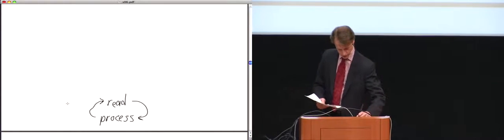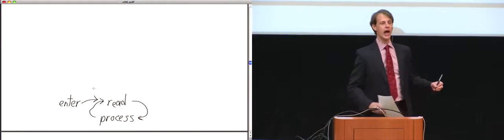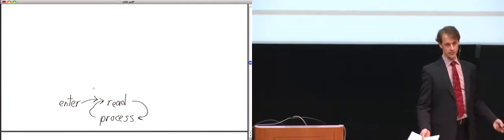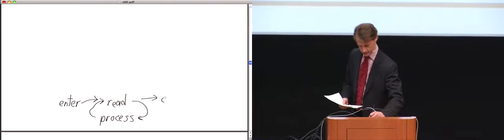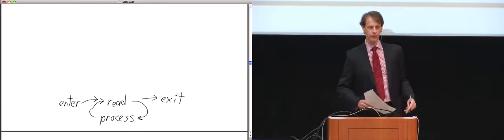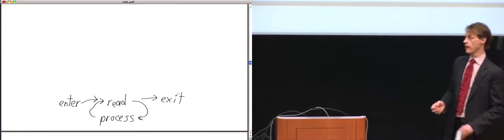We would like to enter the loop by doing a read from the keyboard. And if the thing we read from the keyboard is an empty string, we want to exit the loop immediately. We don't want to process something first. So the entry point and the exit point of the loop are not naturally aligned with each other.